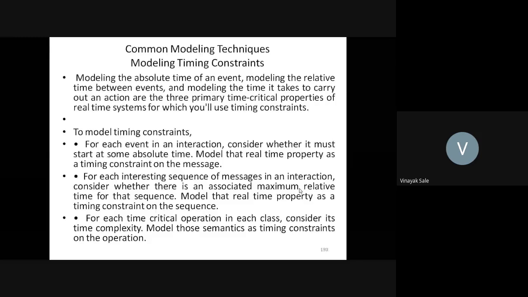Model that real-time property as a timing constraint on the sequence. For each time-critical operation in each class, consider its time complexity. Model those semantics as timing constraints on the operation.